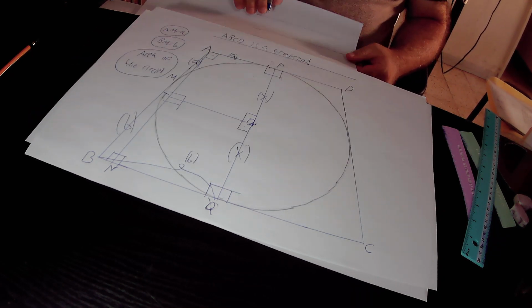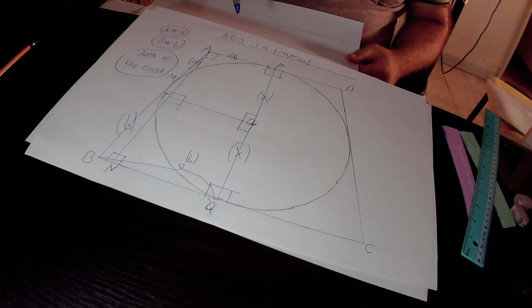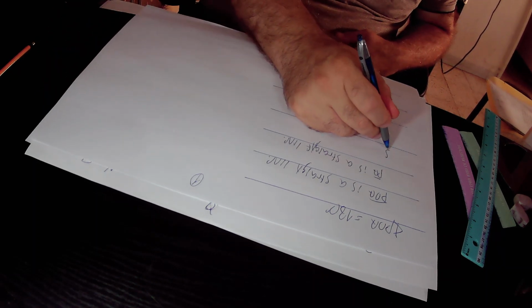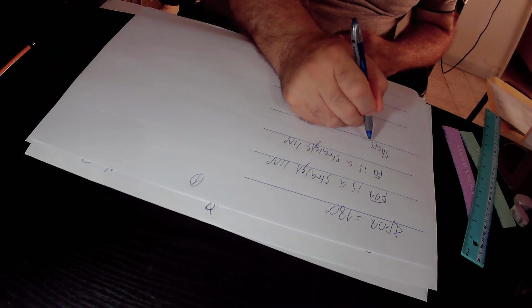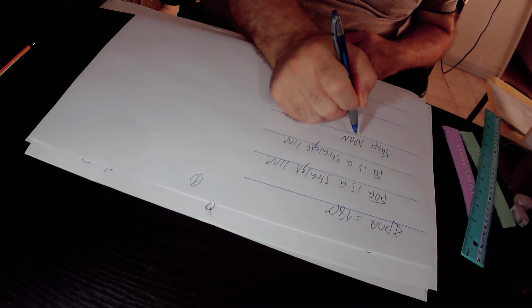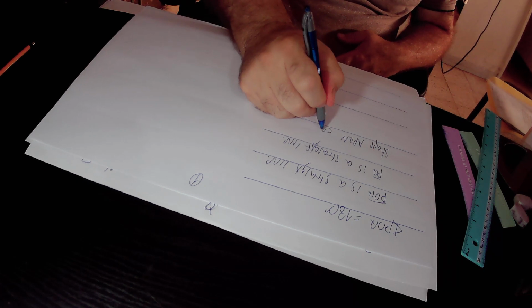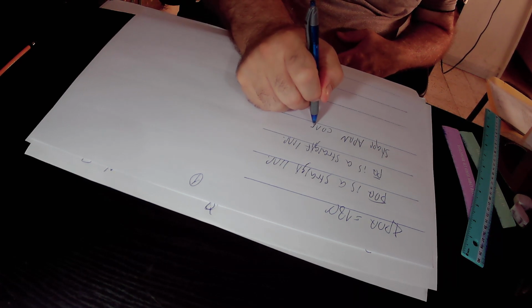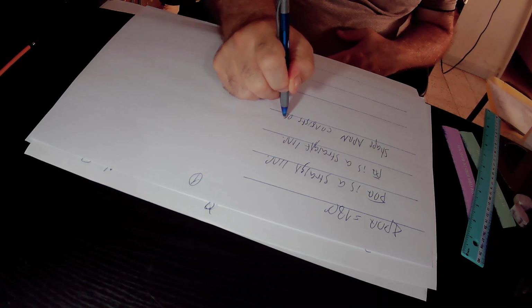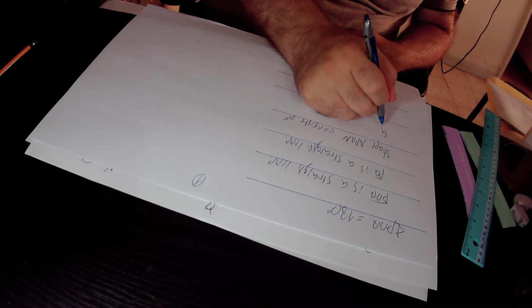So actually, this shape APQN consists of four sides: 1, 2, 3, 4. So I write it down. Shape APQN consists of four sides.